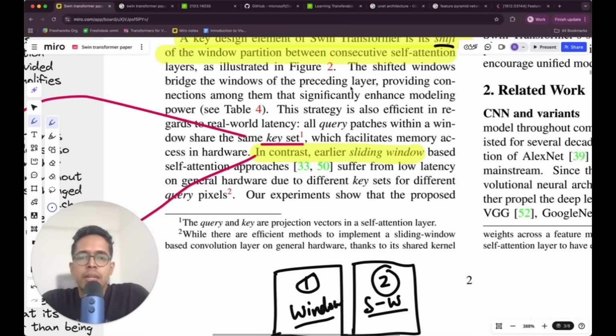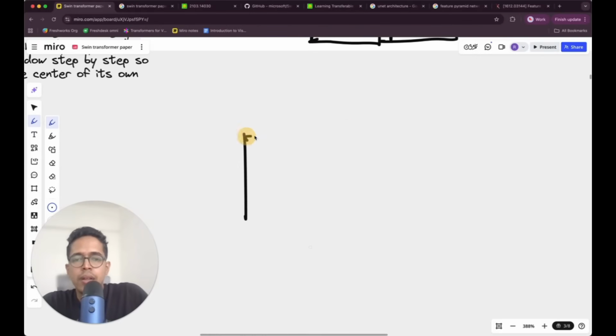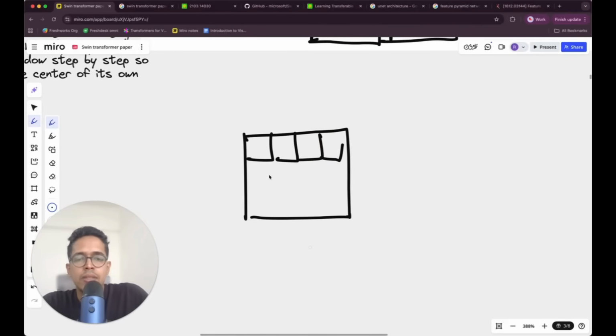The shifted windows bridge the windows of the preceding layer, providing connections among them that significantly enhance modeling power. This strategy is also efficient with regards to real-world latency. All query patches within a window share the same key set. What does it mean? I showed you a window in figure 1 which had 4x4 patches. So something like this, and like that, 4 patches along 3 more rows.